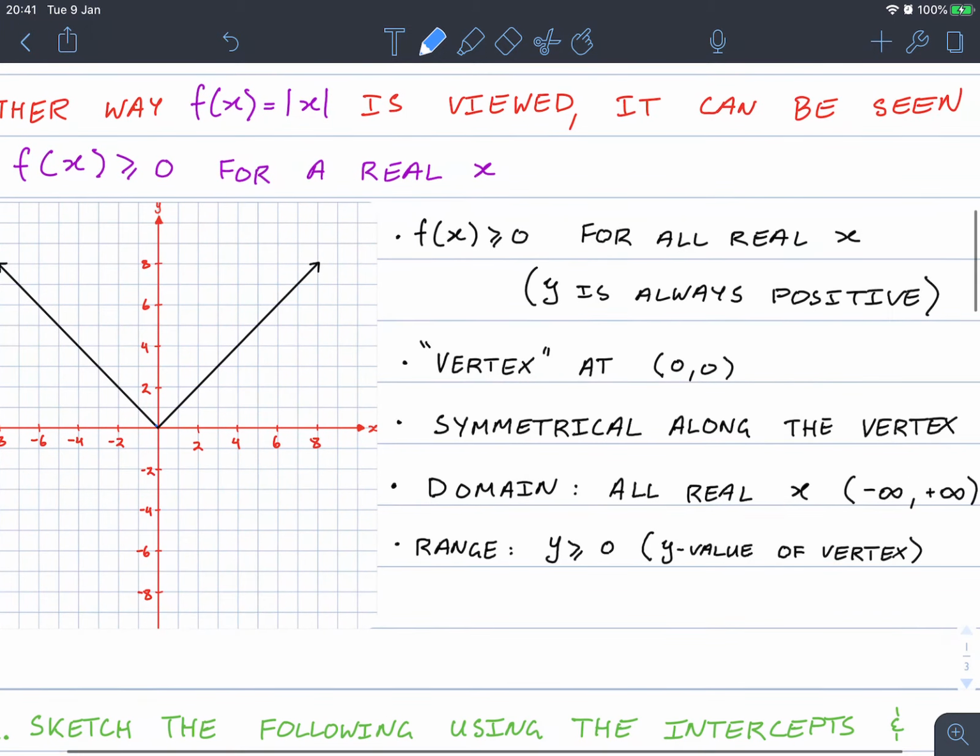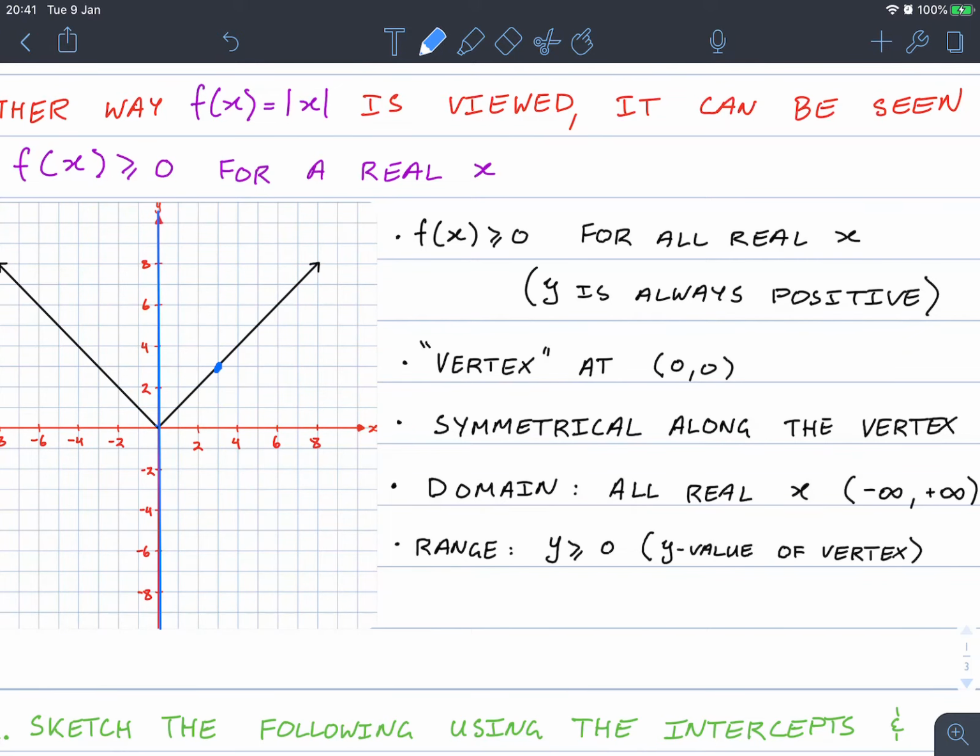So it has a vertex at 0, 0, this point here in blue. As I stated, it's symmetrical about the y-axis, meaning this point here is the exact same as this point here. It's symmetrical, much like the parabola.